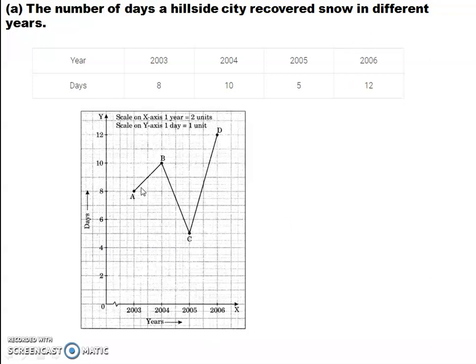Now you have 4 points A, B, C, D. Using your pencil and scale you are going to join them in order, that is A to B, B to C, C to D.